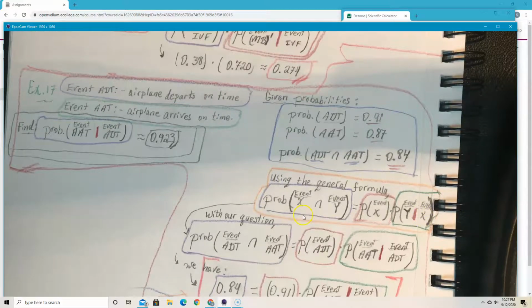This is what we've been using throughout the lesson. Normally they give us this one and this one, and we multiply them together, and we answer the question. That's what we did throughout most of the lesson.